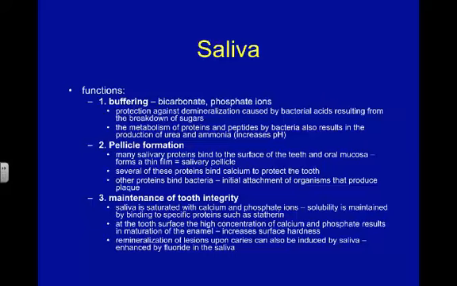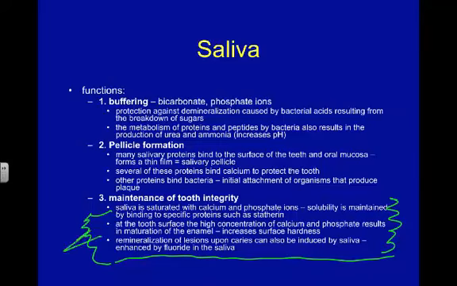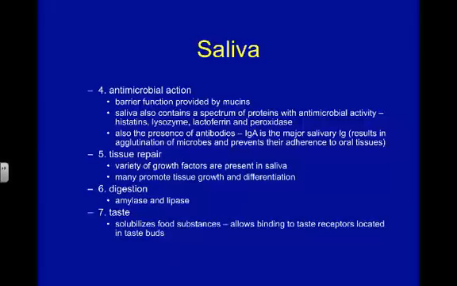Buffering, pellicle formation, maintains the tooth integrity. This is very, very important, and I tried to emphasize this a minute ago, because this allows the teeth to harden. As we're going to go over, enamel is one of the hardest substances of the body, and it really depends on the saliva.